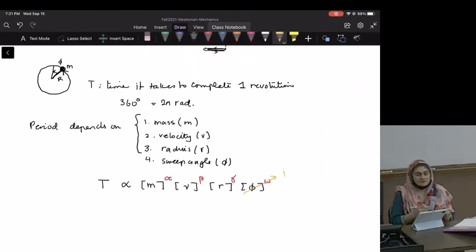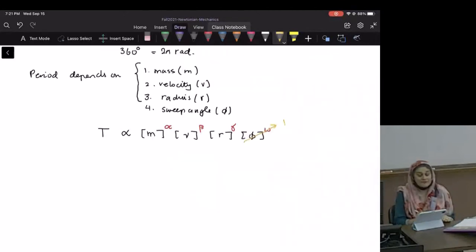Because dimensionally, remember, we only had three dimensions that we worried about: mass, length, and time. So in dimensional analysis, we usually put the angle as 1. We now have to write everything in dimensions. So I have M to the power 0, L to the power 0, T to the power 1.